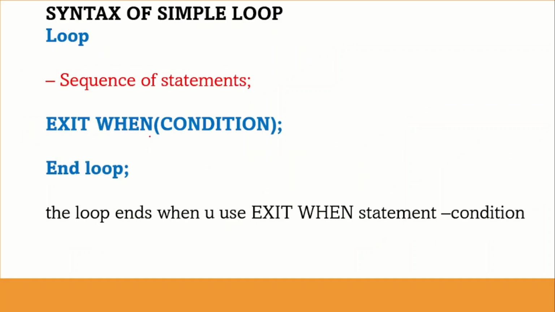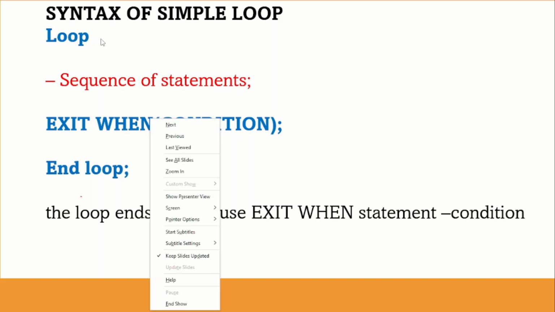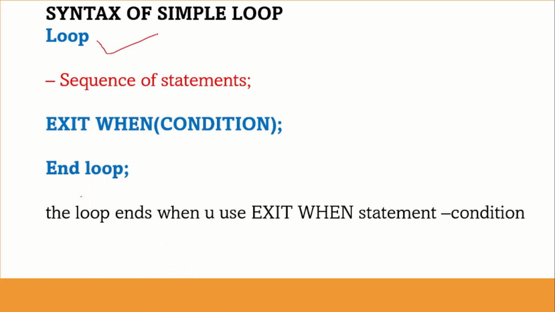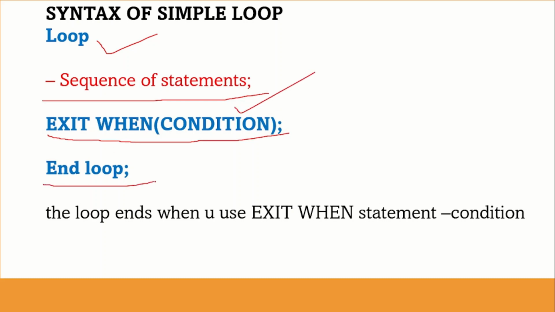Now comes looping, that is called the iterative control structure. So PLSQL has a simple loop where you write loop, then a number of SQL statements. For a simple loop, you need to write an exit when condition, and then an ending condition, and this is the end of the loop.